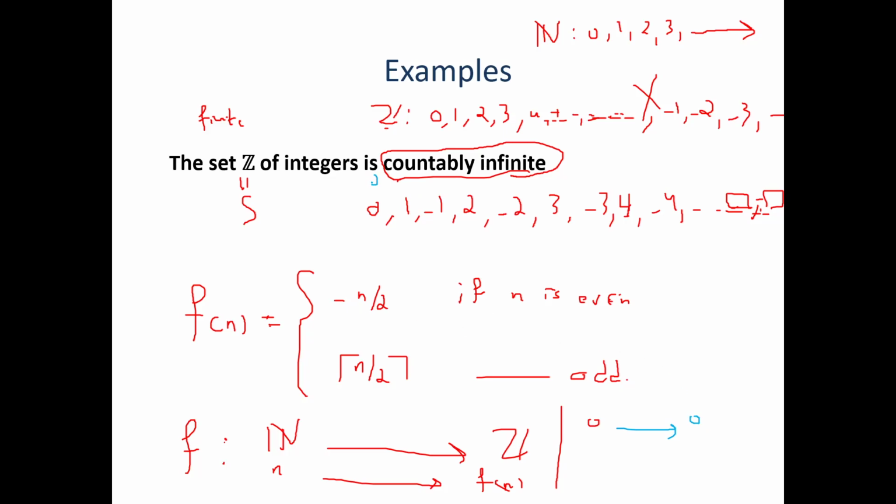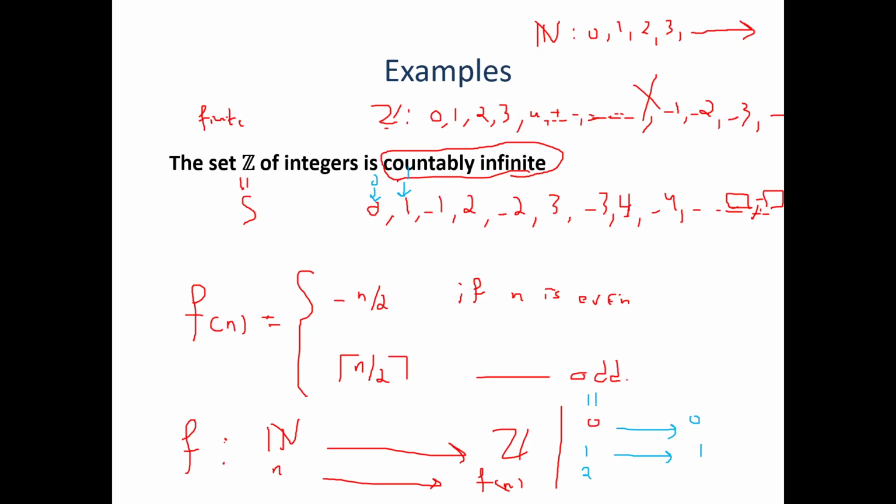So that's fine. 0 gives me 0. Good. What about 1? Well, 1 is odd, so I have to divide 1 over 2 and then take the ceiling of that. The ceiling of half is just going to be 1. So here 1 takes me to 1. So far so good. What about 2?